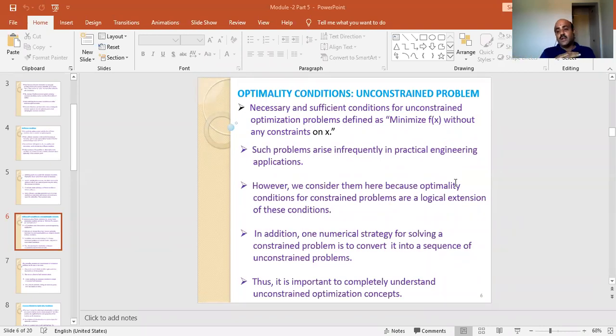Then we are going to get the optimality conditions for a constrained problem. Thus, it is important to completely understand unconstrained optimization. So this is just an introduction.